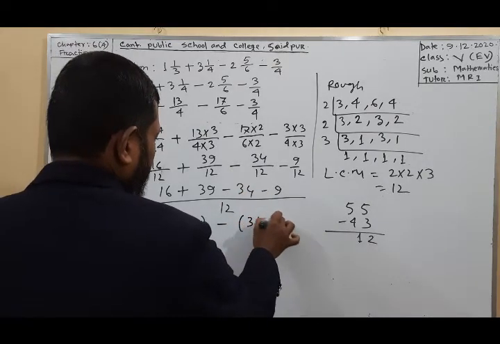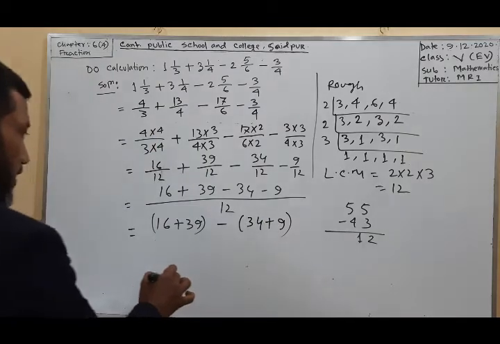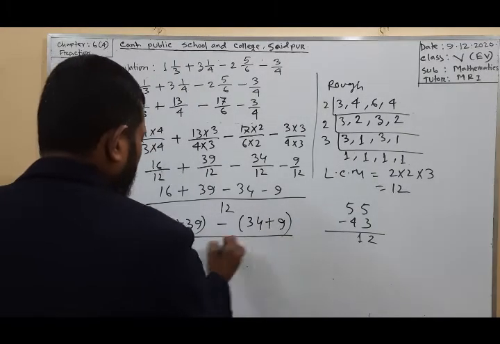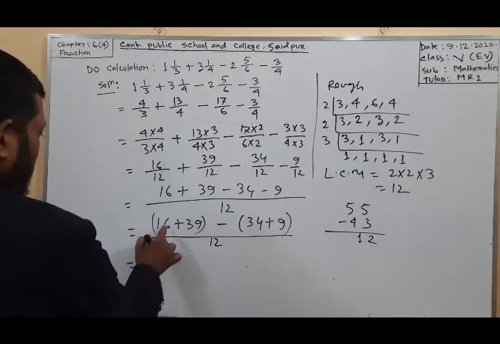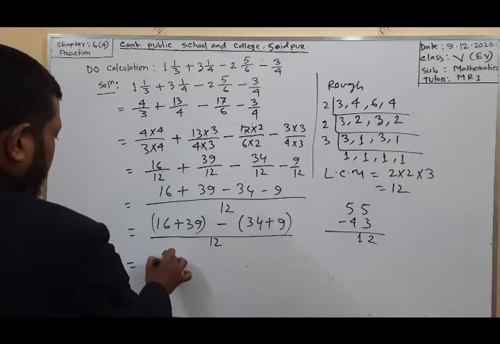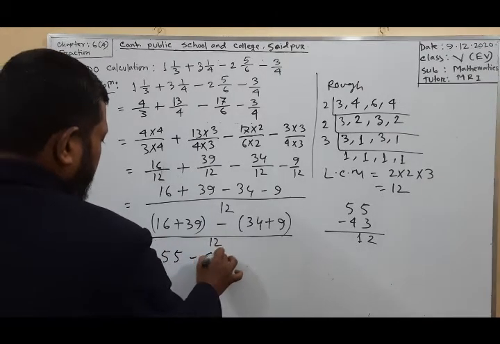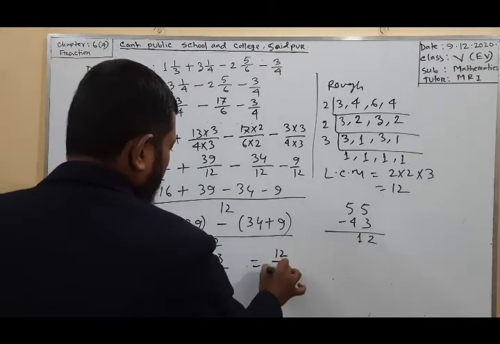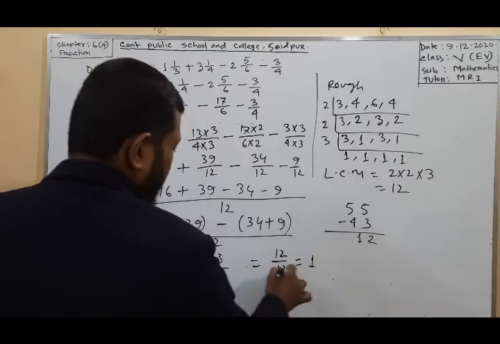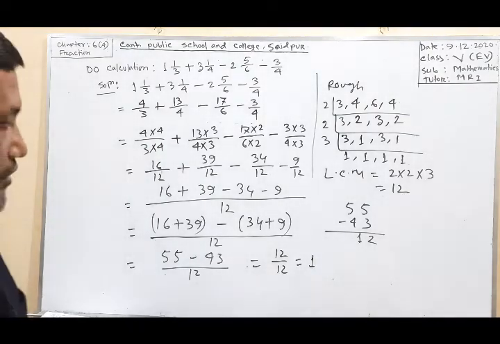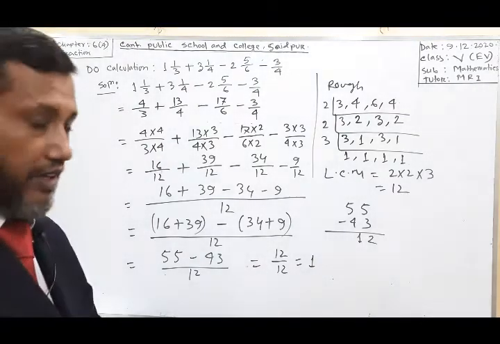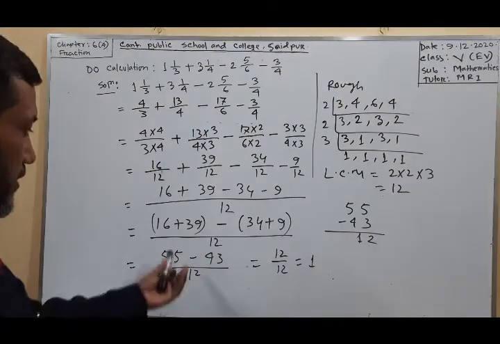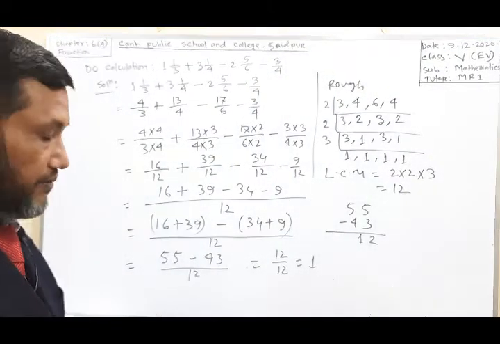So I am writing 34 and 9 together. This will be 55 and 43 over 12, that is 12 by 12, which is equal to 1. Here the answer is also 1. This is a very easy way. We can solve using this way.